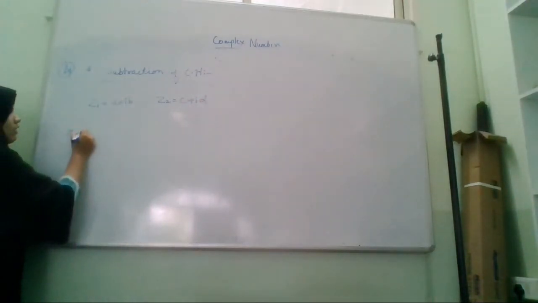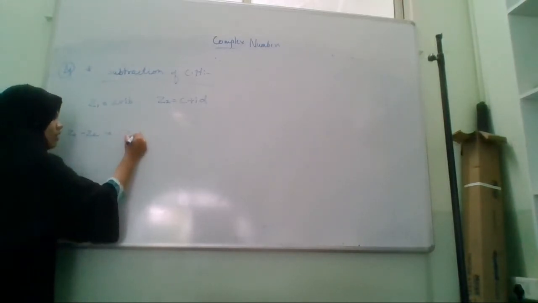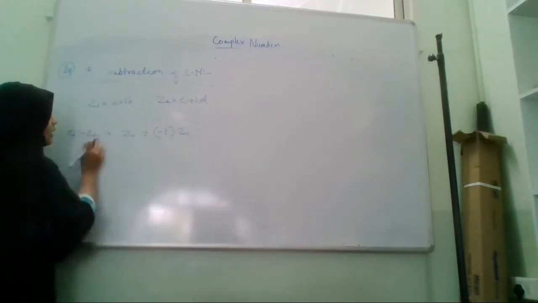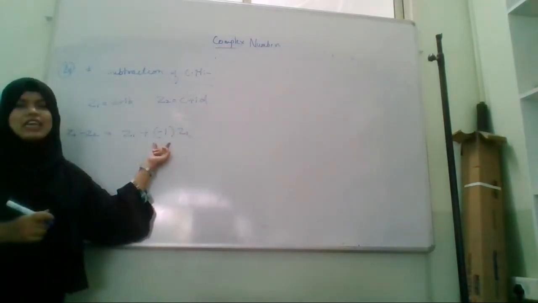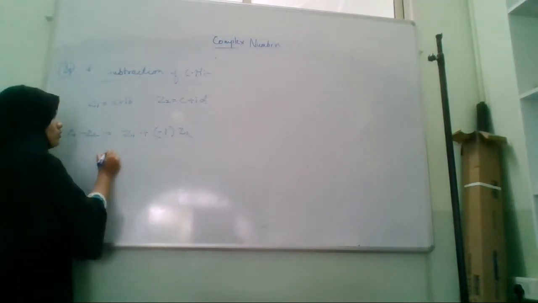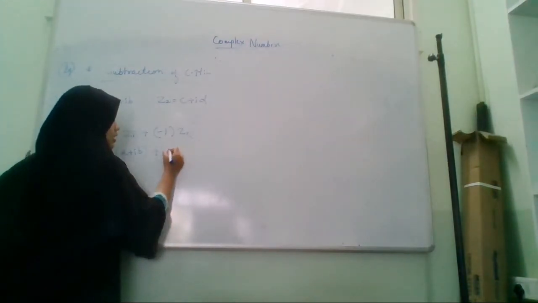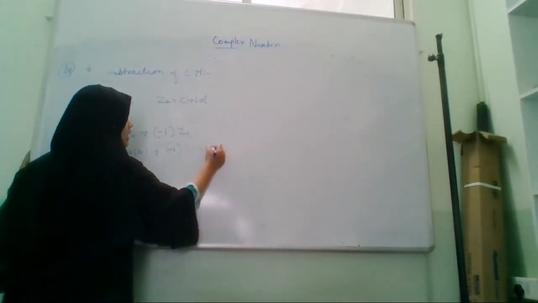So z1 minus z2 can be written as z1 plus minus 1 times z2. I am taking the minus sign inside, so this becomes a scalar multiplication. Now this is equal to a plus ib plus minus 1 into c plus id.